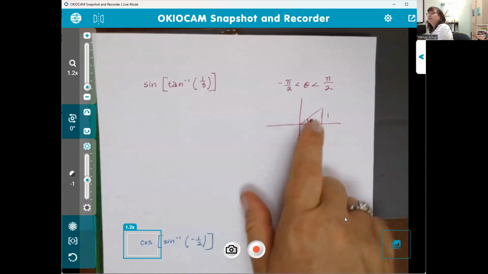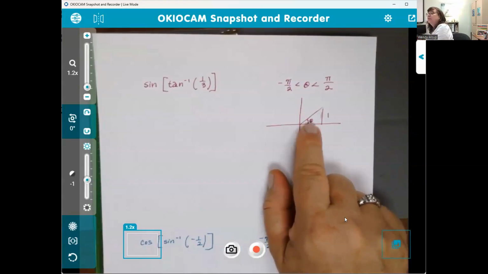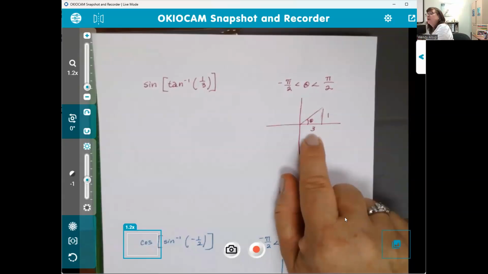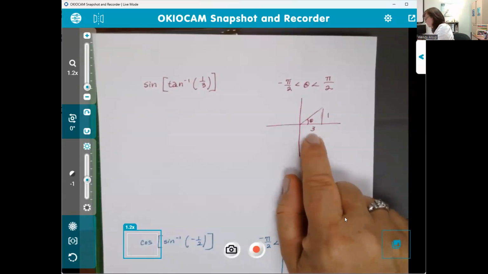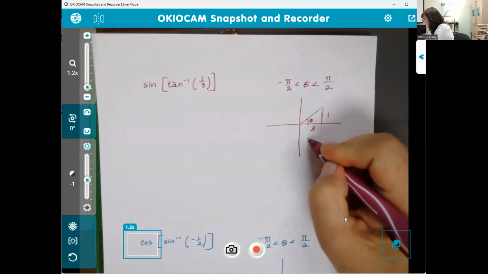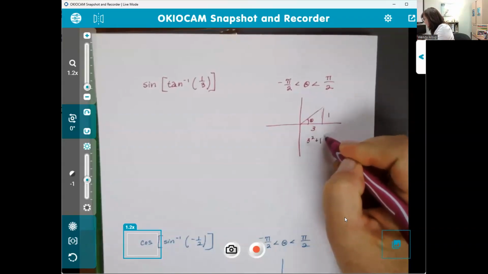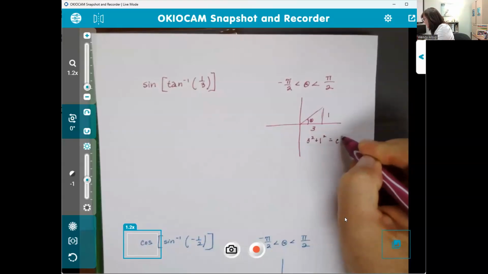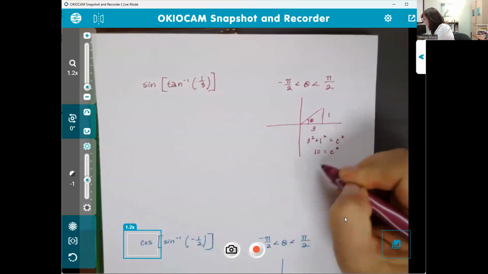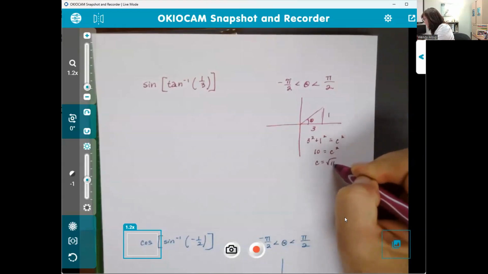So we're going to be in the first quadrant. Your theta is drawn in the first quadrant, and your tangent is opposite over adjacent. We need to find the hypotenuse. This would be 3 squared plus 1 squared equals c squared. 9 plus 1 is 10 equals c squared, so c is the root of 10.